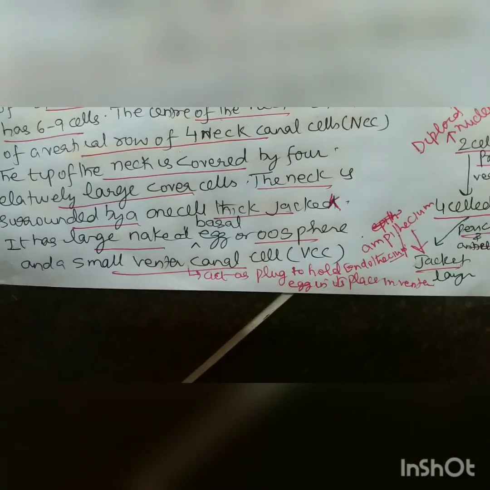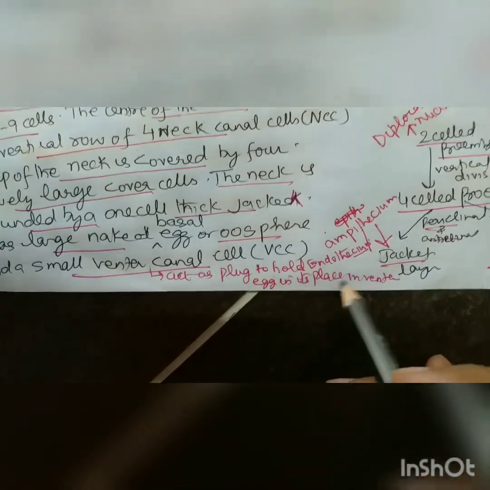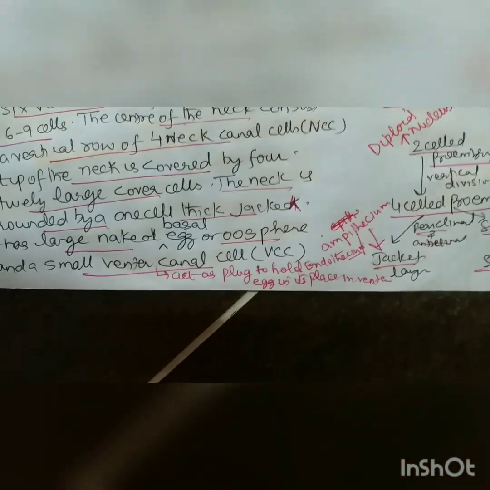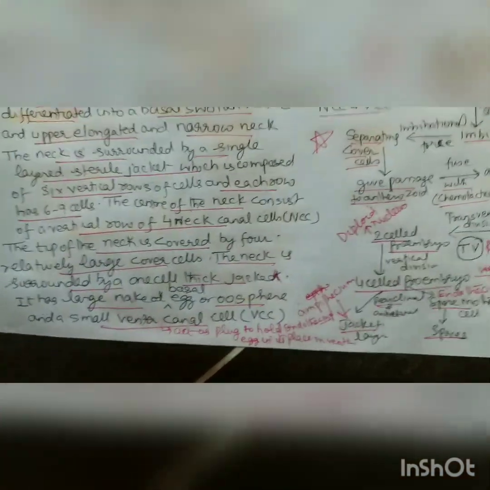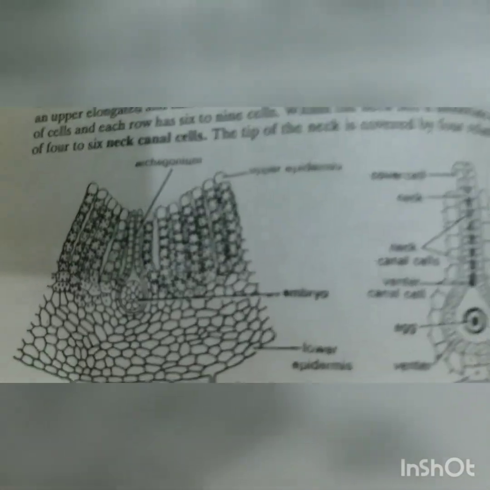Here it is very important to know that these ventral canal cells act as a plug to hold the egg in its place. So they don't allow the egg to displace itself from its place. See, this is the archegonium.